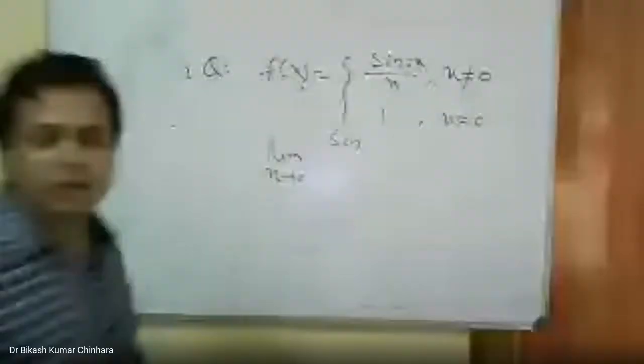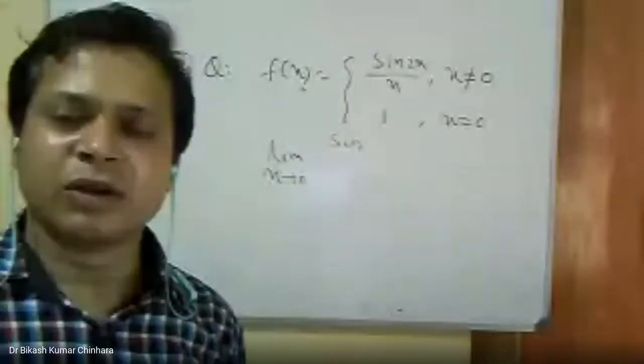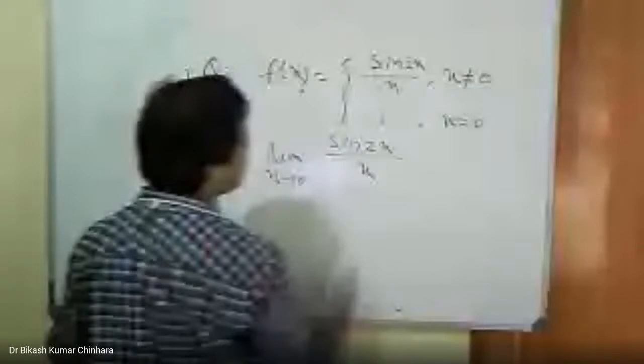It will not be continuous if the limit value becomes 1 by 2 and the function value becomes 1. Here also, if the limit of sin 2x by 2x is becoming 1, then it will be continuous. Let us evaluate this limit.